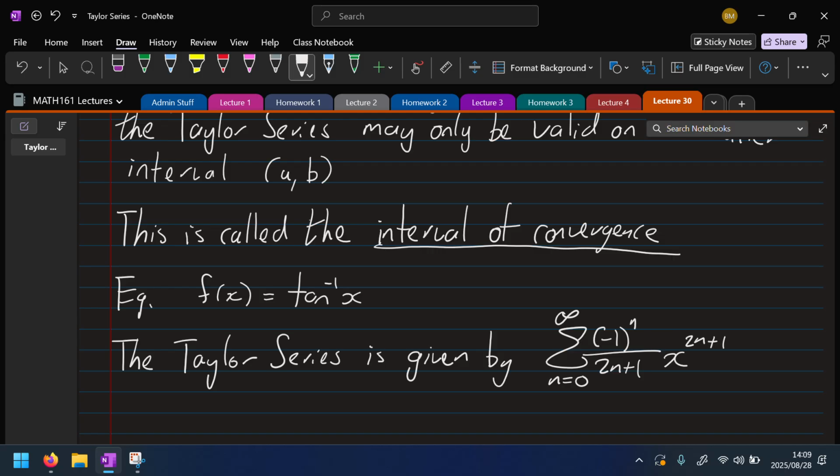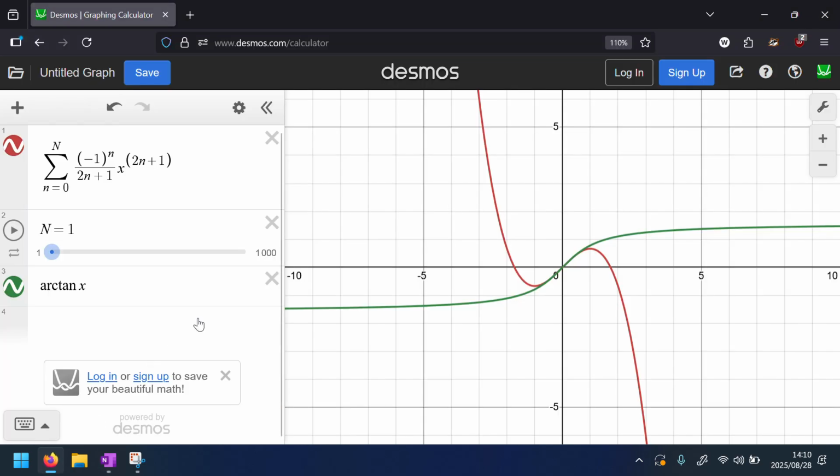What we want to do now is compare the domains of these two functions. We have the usual arctan function, we know that domain. But this on the right, that Taylor series, is also going to have some domain, and we want to compare them. Let's have a look at this on the Desmos. In green, we have the arctan function.